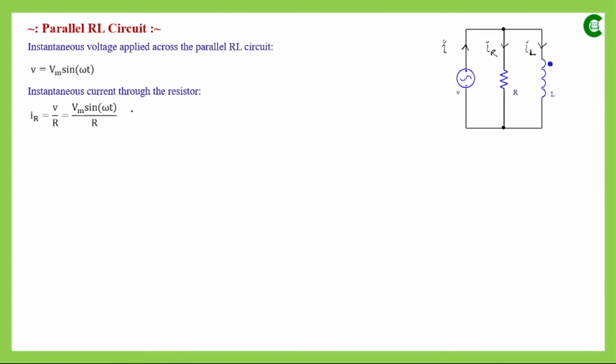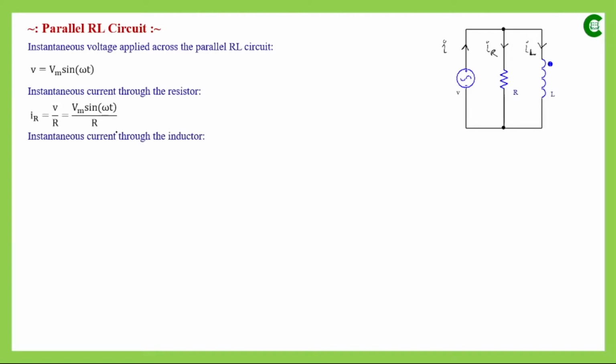Now let's find out the instantaneous current which flows through the resistor. This iR will be simply v by R, the instantaneous value of the applied voltage divided by the resistance of the resistor. Now it will be Vm sin omega t divided by R.